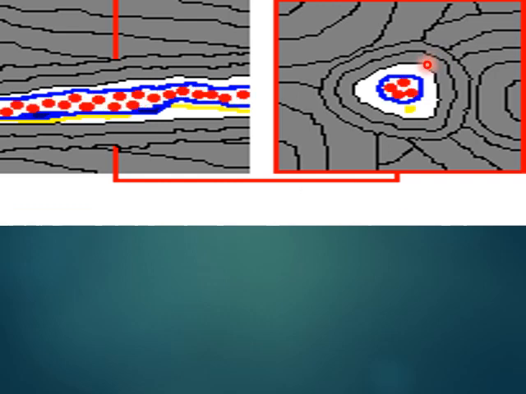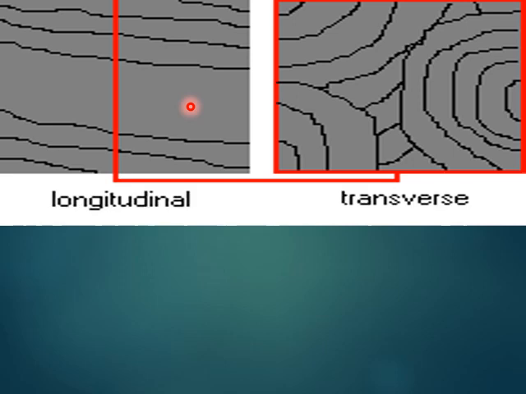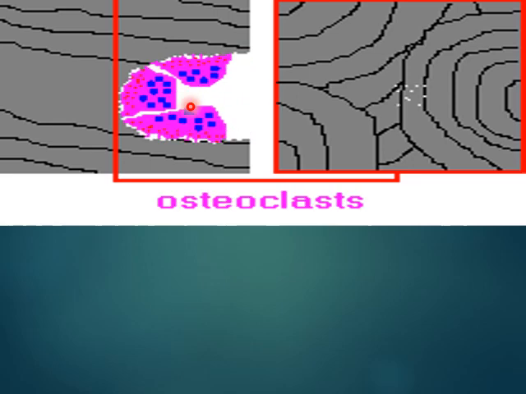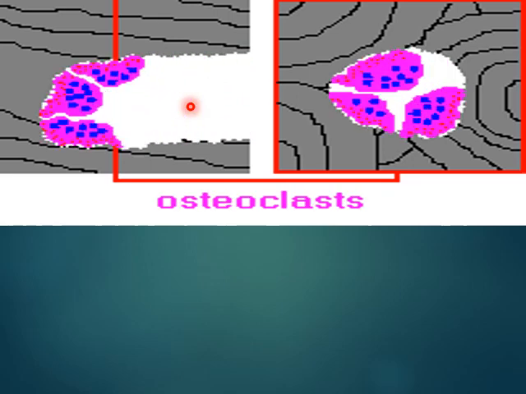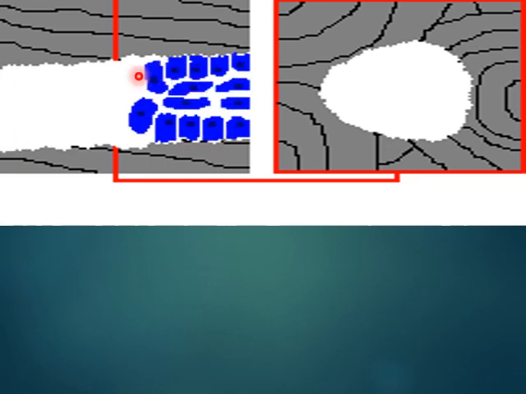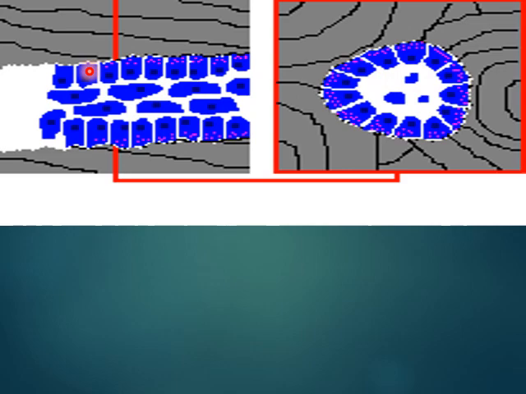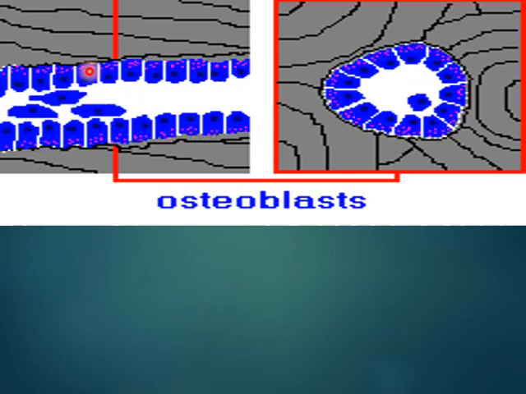Okay, this is the LS section, the longitudinal section. First, I'm going to have the osteoclast. Then the osteoblasts will be arranged and start to form bone lamellae.